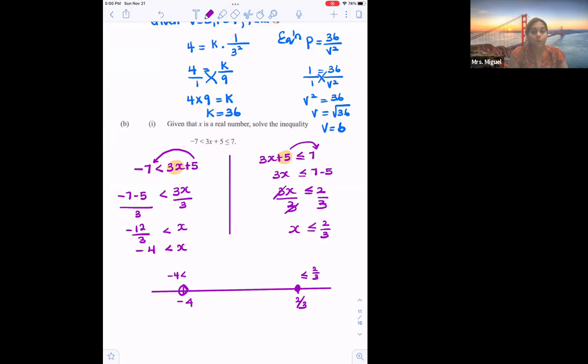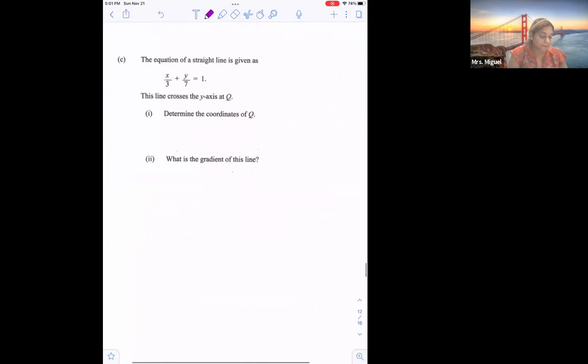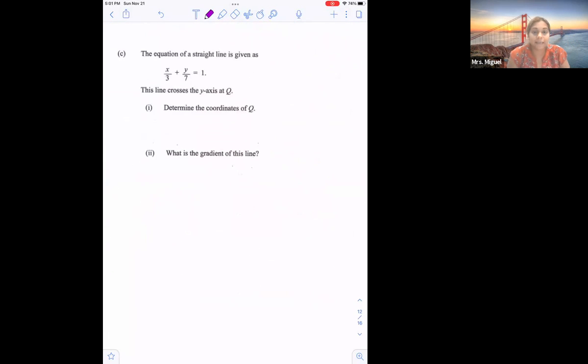So we move on to the coordinate geometry part of the question. The equation of the straight line is given, and we want the coordinates of Q. Q is where the line cuts the y-axis.